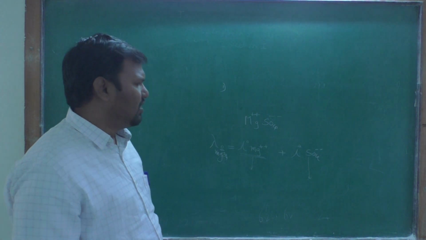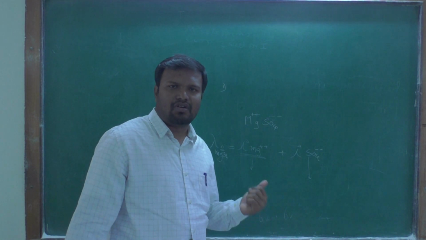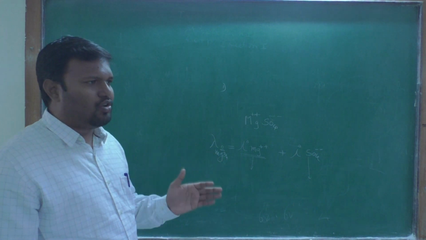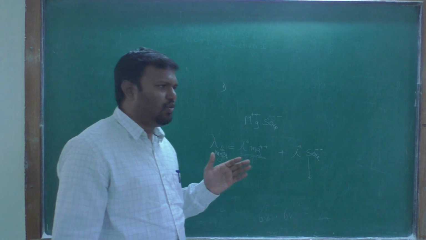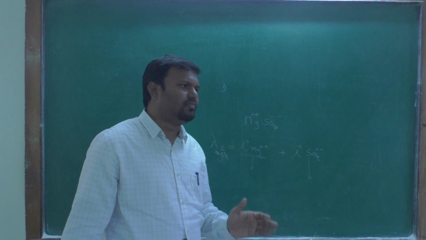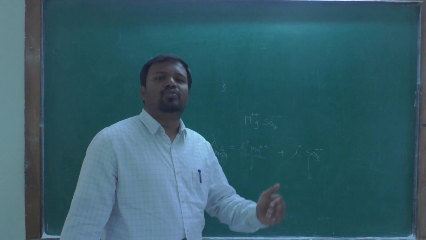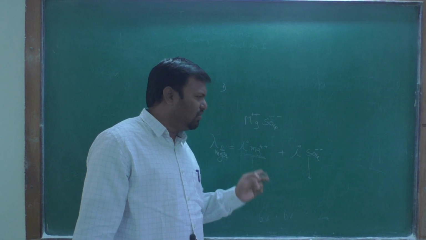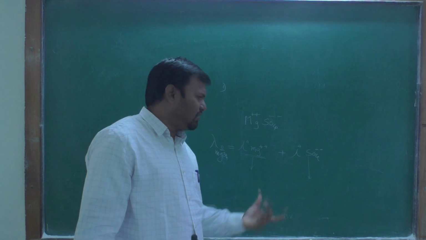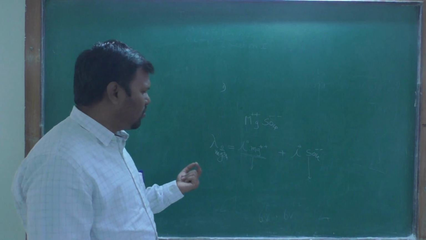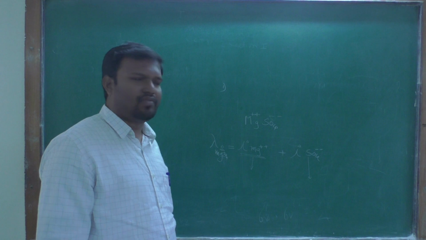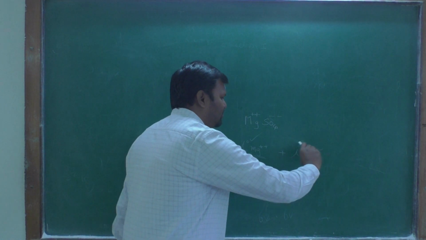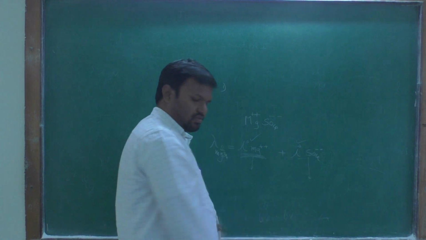This law is nothing but Kohlrausch's law. According to this law, each ion contributes to the total equivalent conductance independently of other ions. By the summation of these, you will obtain the total equivalent conductance of MgSO4.